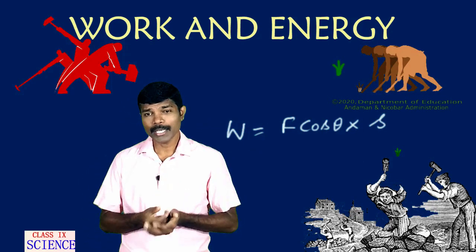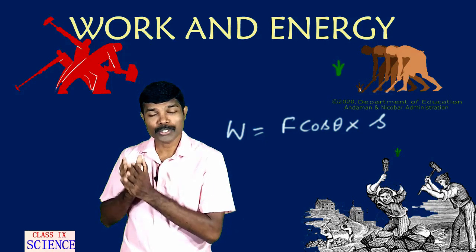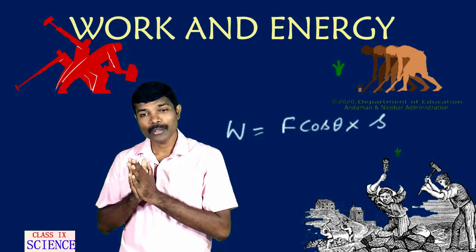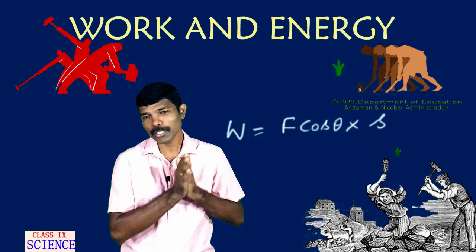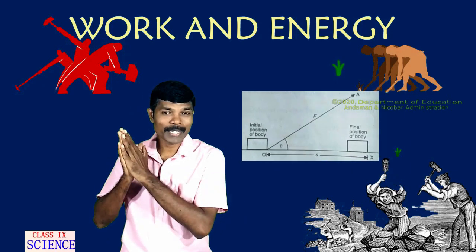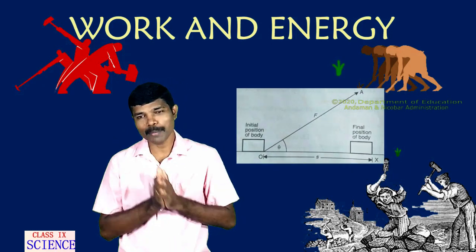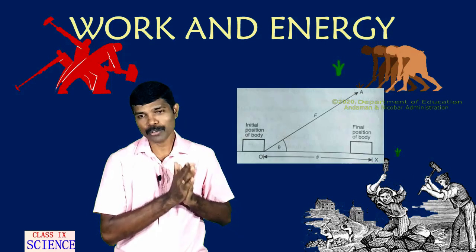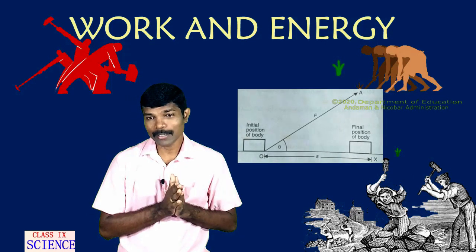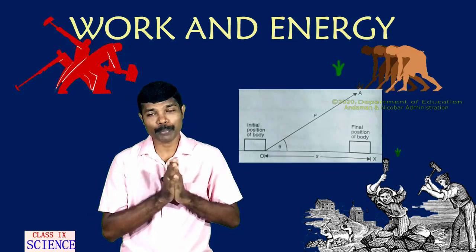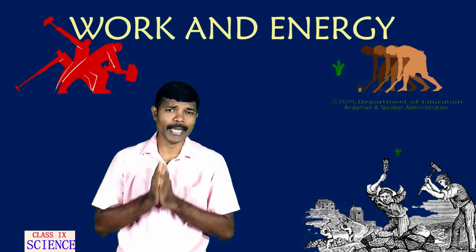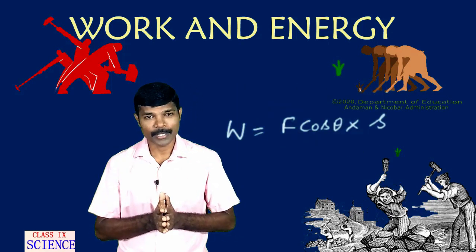Why? Because here all the force is not being used to move the body in the direction of applied force. Since we can see an angle between the applied force and the motion of the object, this angle we call θ. So the product of F cos θ and S will give you the work done, right?